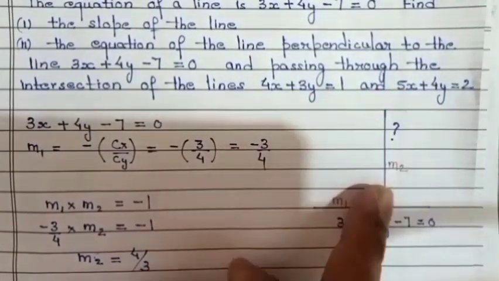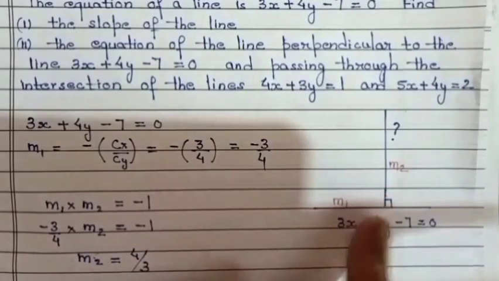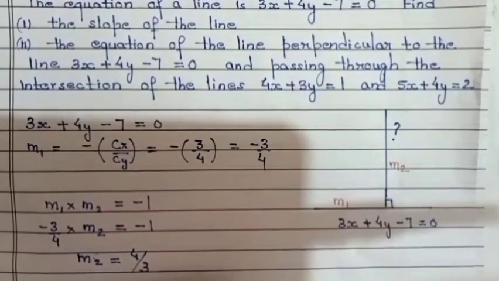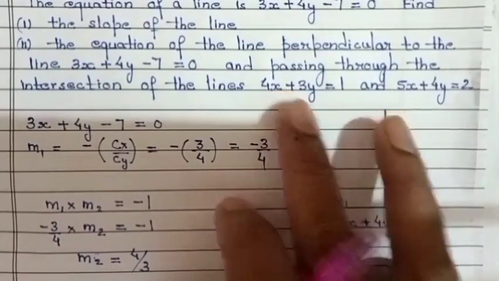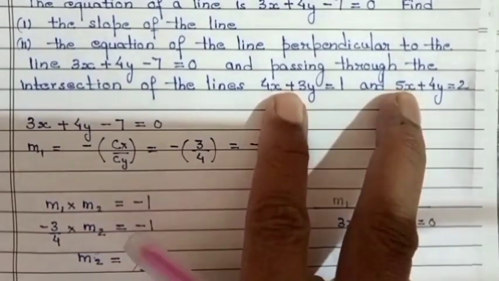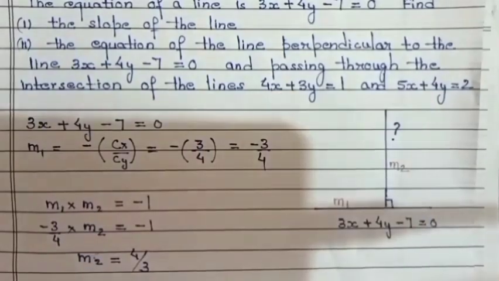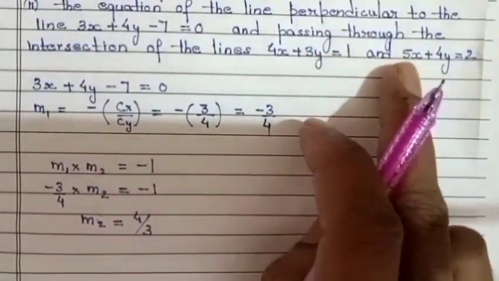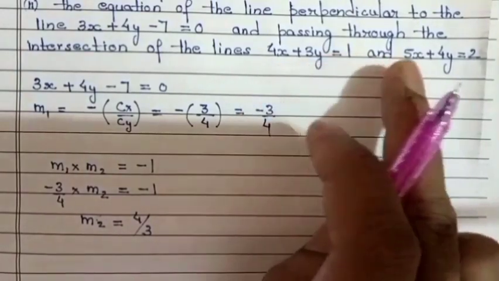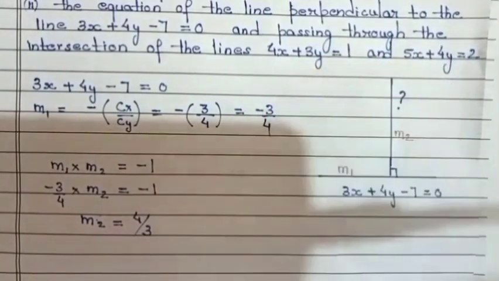See, this is the required line. This required line is passing through the intersection of these two lines. So first of all, we need to find the intersection of these two lines. So how to find the intersection of these two lines? You will solve the equations of these two lines simultaneously.